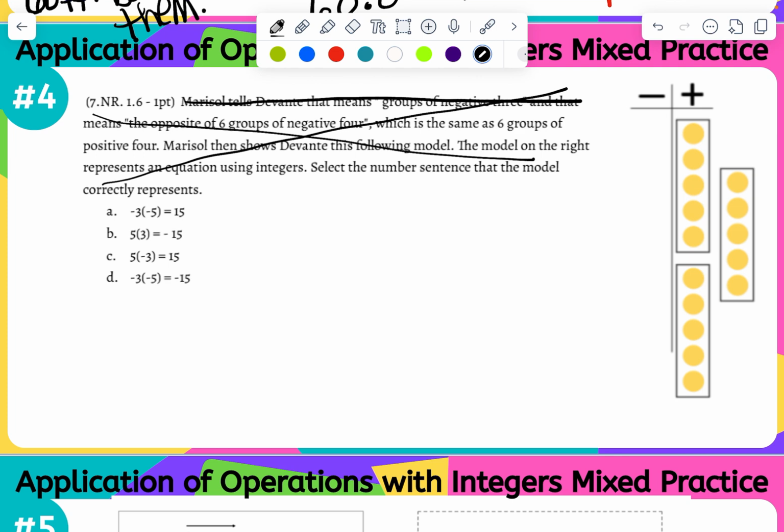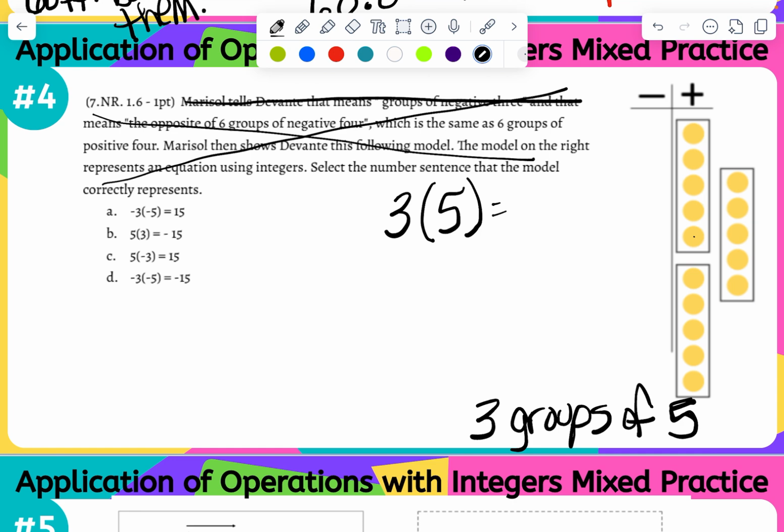What have we got right here? We have 3 groups of 1, 2, 3, 4, 5. +5. We have 3 groups, +5. So that could be written as 3 groups of +5 equals a +15.